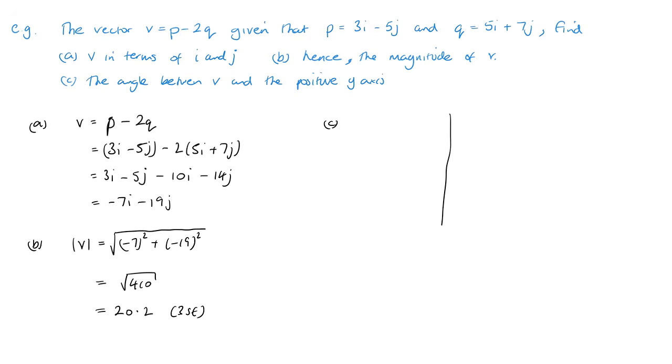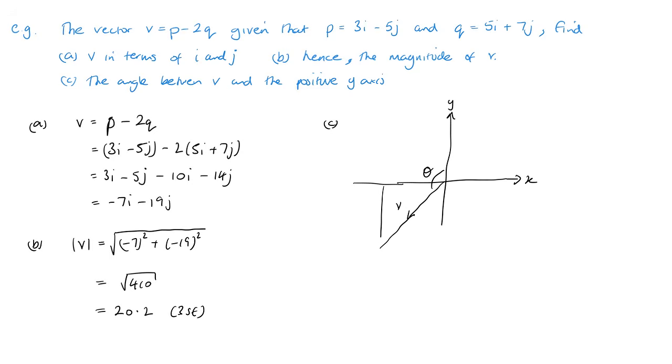So if I sketch a set of xy axes here, and then we've got minus 7, minus 19, so we're going down this direction here. So this is my v, and we want the angle between v and the positive y-axis, so we want this angle here, theta.